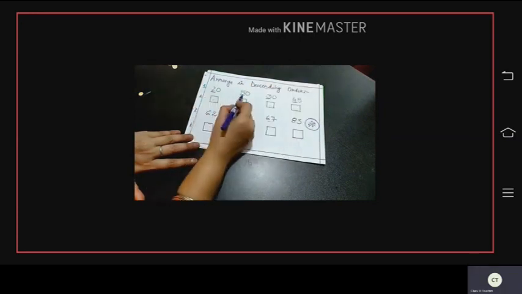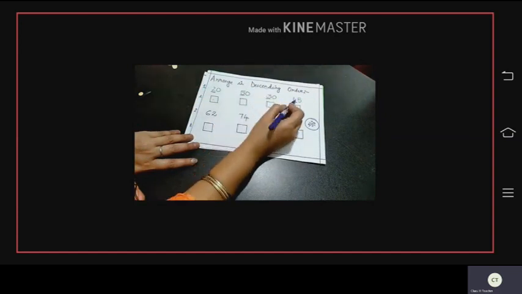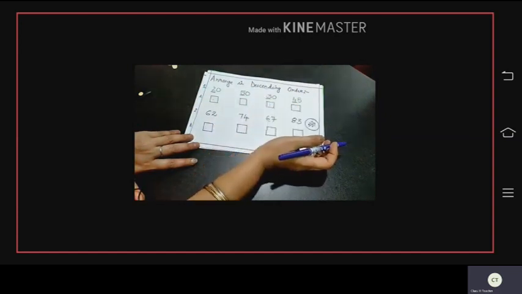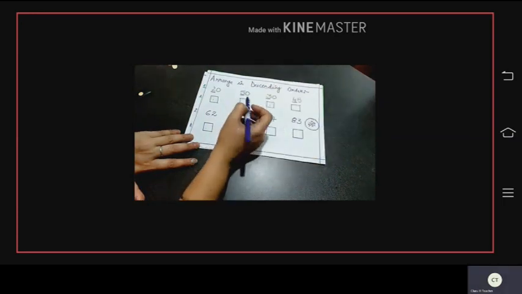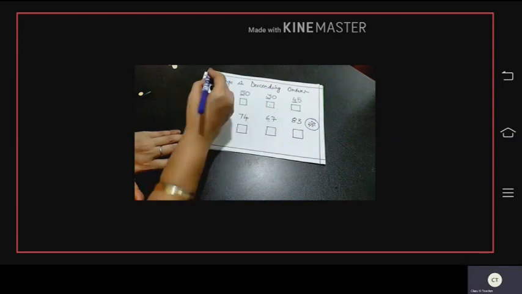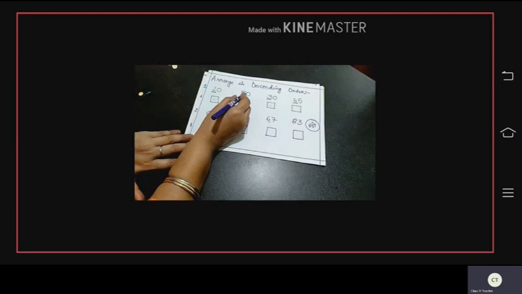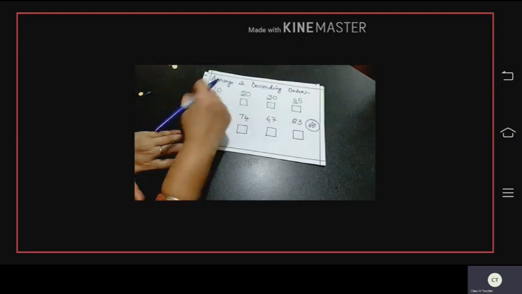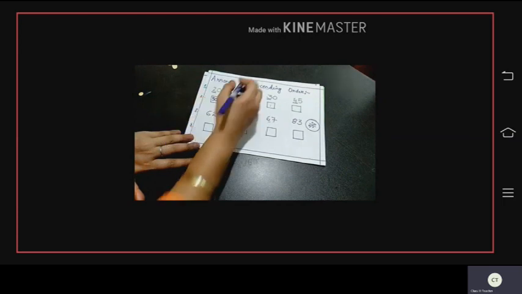Now remember the backward counting line and tell me which is the greatest number here. Tell me, children. 2? No. 5? Yes. So 5 is the greatest number. So 50 is the number which I have to write here.